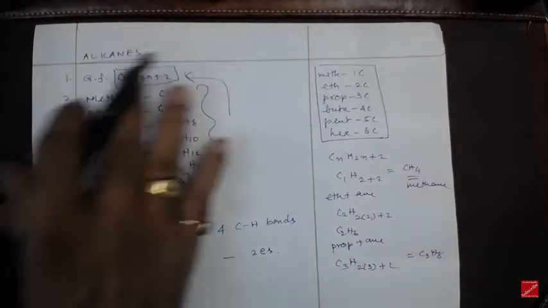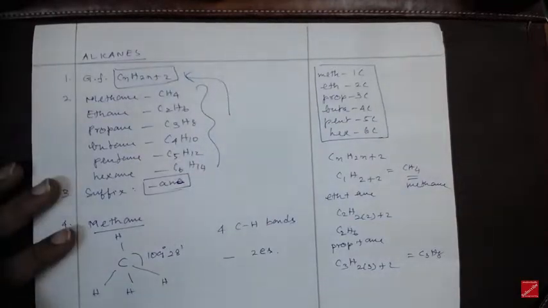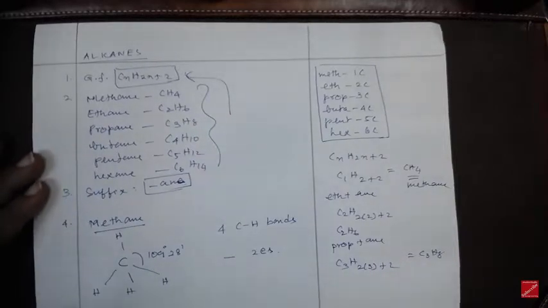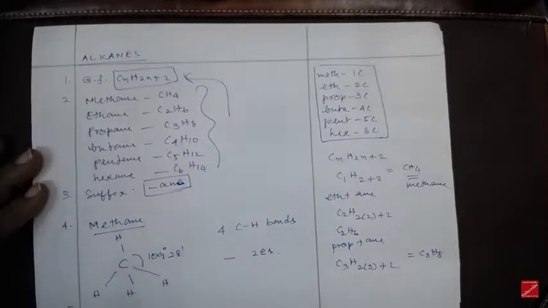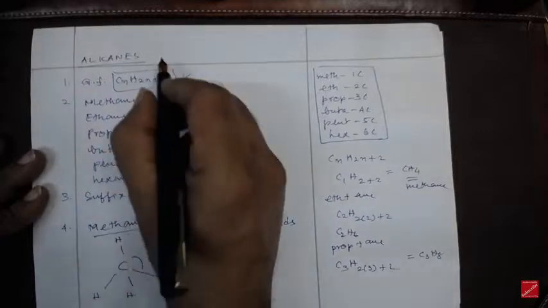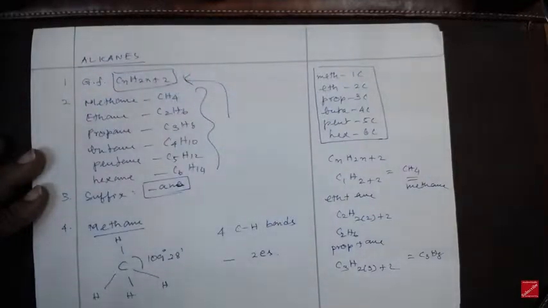So all of them are called alkanes. Alkanes have only saturated hydrocarbons, so they are also called saturated hydrocarbons.